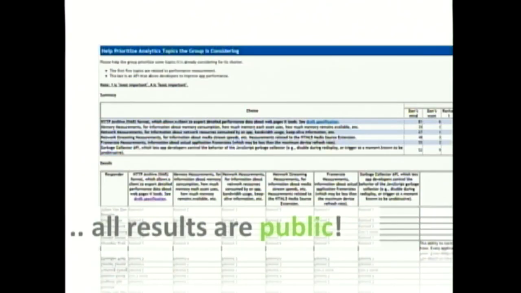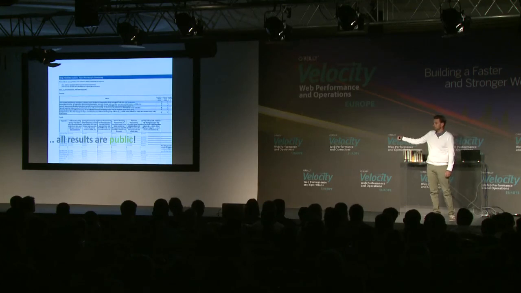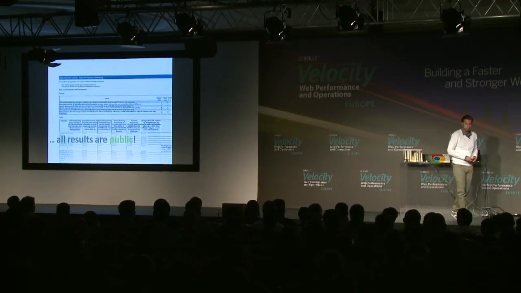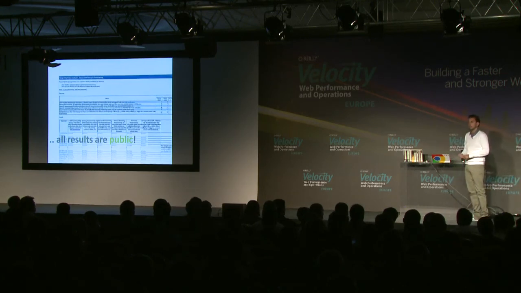A lot of people have already provided their input on what is important for them, and also contributed their performance use cases, the kinds of problems they're trying to solve. All this information is on the W3C website, publicly available, so you can read what problems others have, how they prioritize things, and what's important to them. And for sure, you're very much encouraged to contribute yourself.